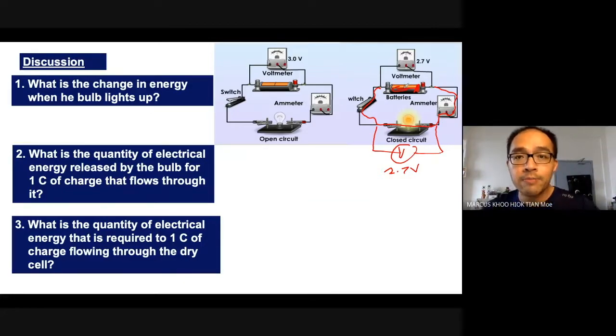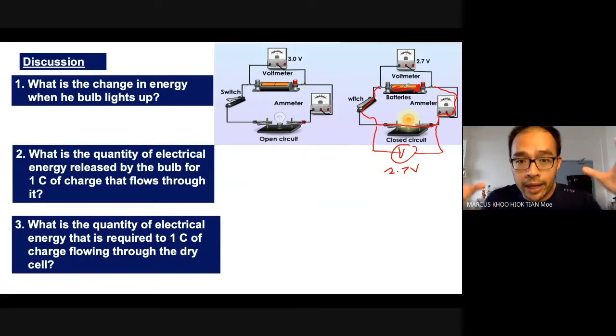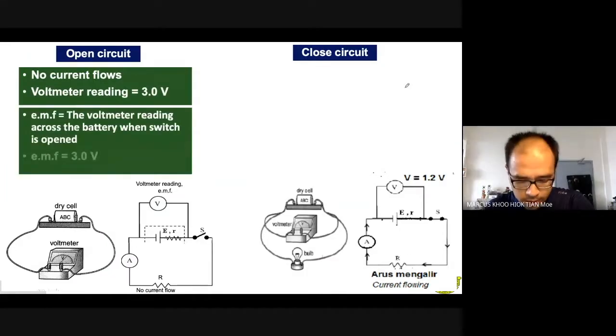Why? Because inside the battery is chemicals, and at the molecular level, the electrons have to pass through all these chemicals, which is a lot of resistance. So they need energy to pass through the resistance. So, open circuit, closed circuit.